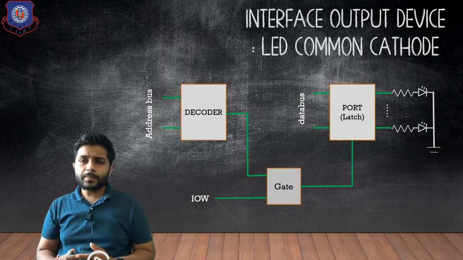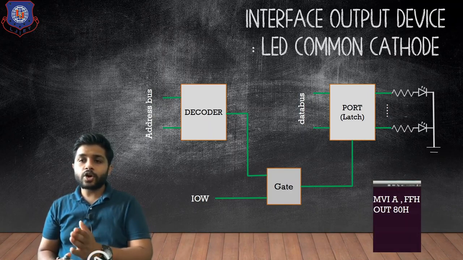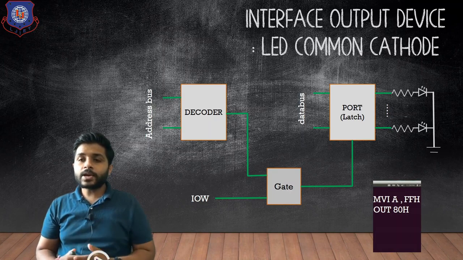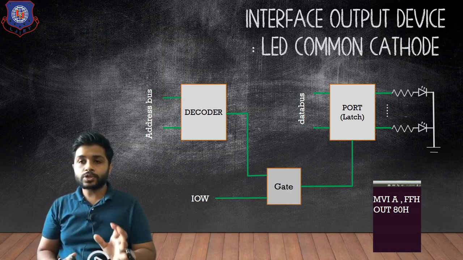So let's see a simple program. Suppose we are writing a program MVI A, FFH and OUT A0H. MVI A, FFH means in the accumulator FFH will be stored.